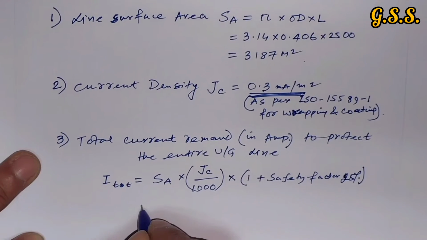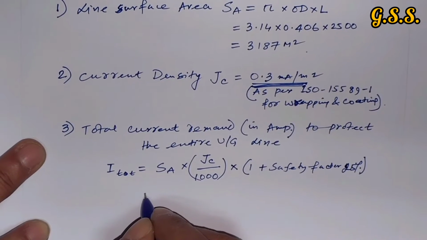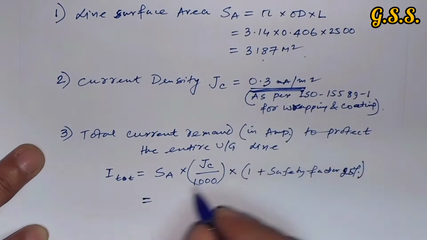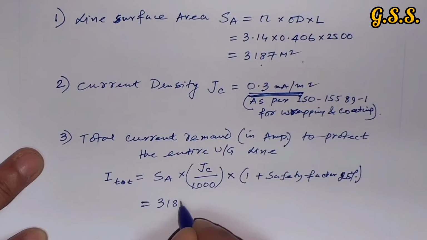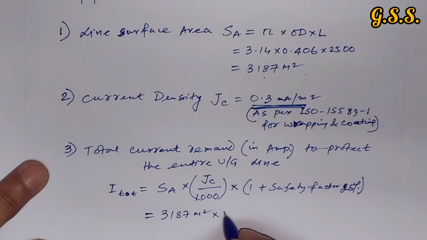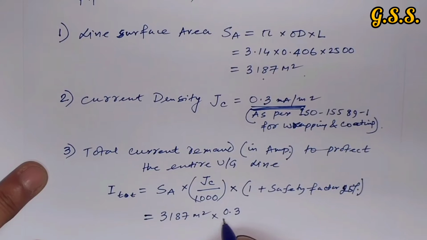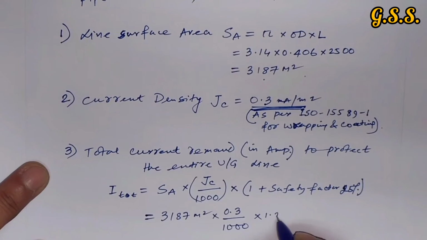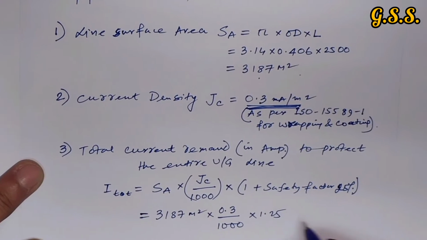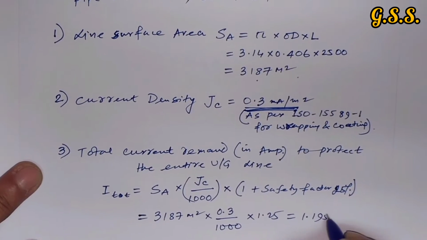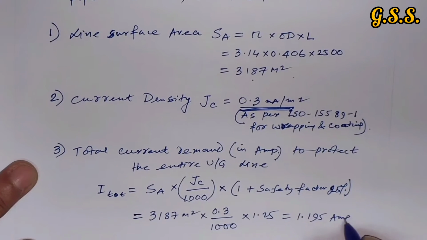So total current demand I total equals this SA is 3187 meter square into 0.3 by 1000 into 1.25 equals 1.195 ampere.